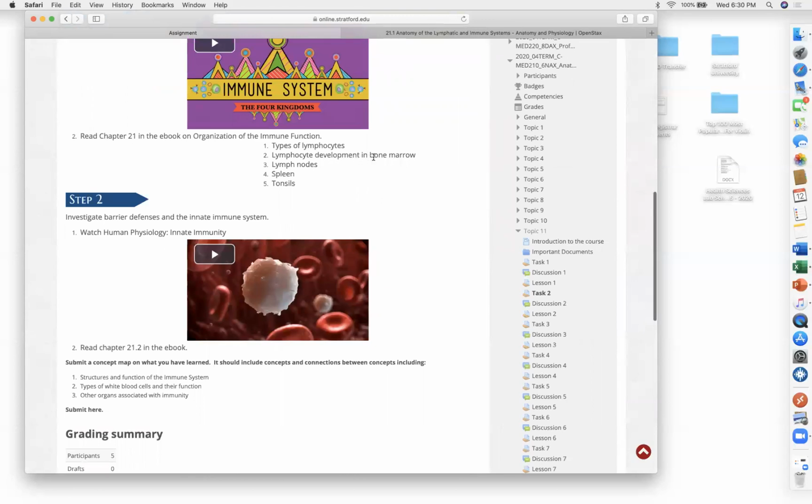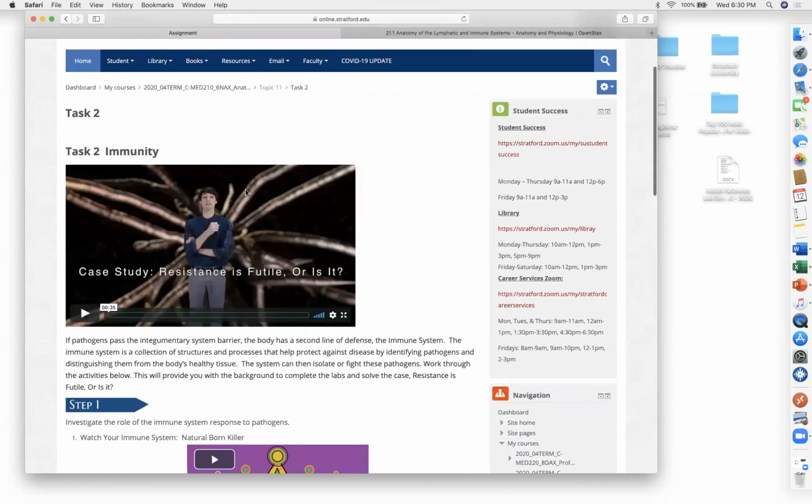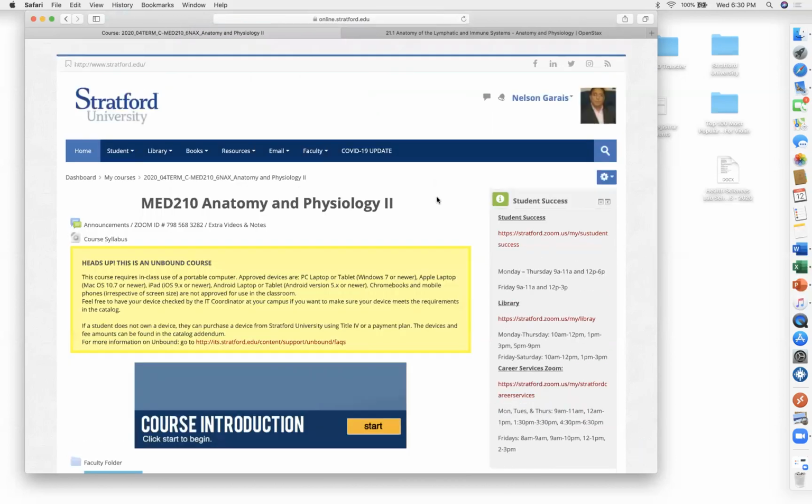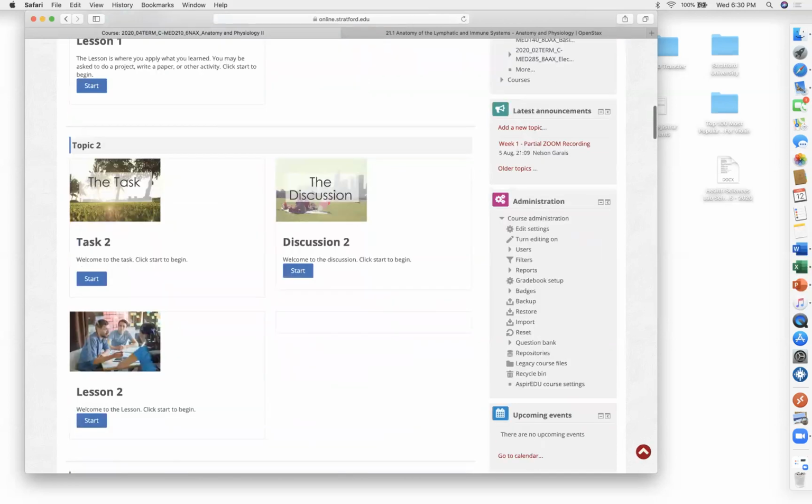Where do lymphocytes grow? Specifically, red bone marrow. We talked about lymph nodes, the spleen, a little bit of the tonsils, right? We talked about white blood cells and their function, and other organs of immunity. We already talked about the accessory organs. Let's look at white blood cells and their function. And I think it's in the lesson. If not, I'm going to Google it.